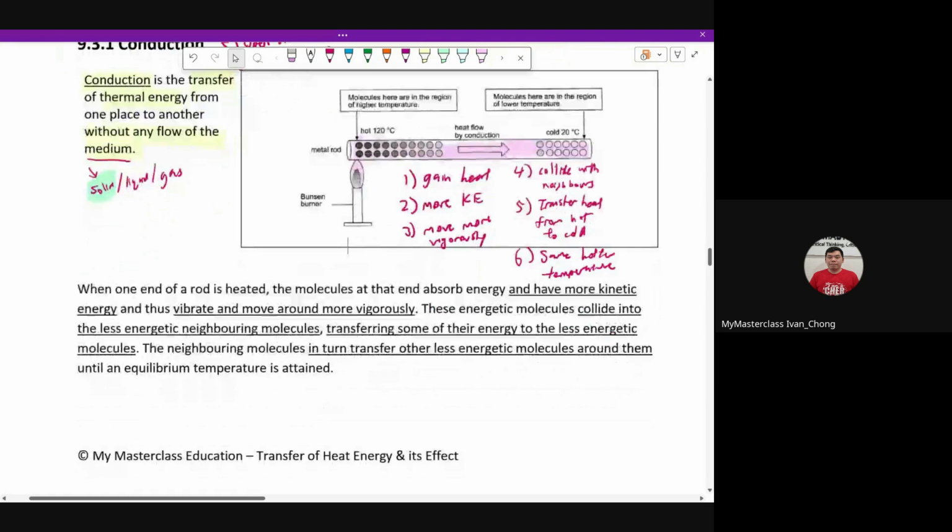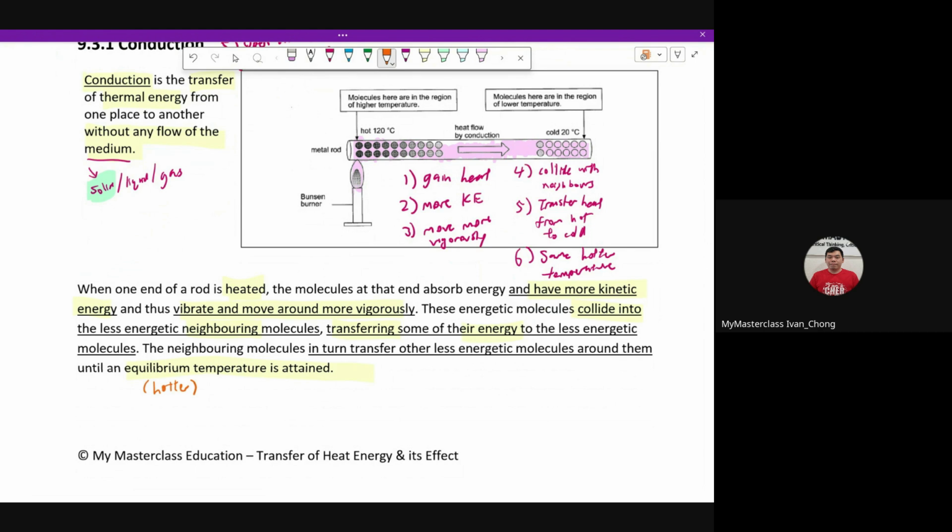Down here, you can see the method is exactly the same. First, you gain heat, you have more kinetic energy, you vibrate more vigorously, you collide into your neighbors, you transfer your heat, and you reach a new equilibrium temperature that is hotter than before.